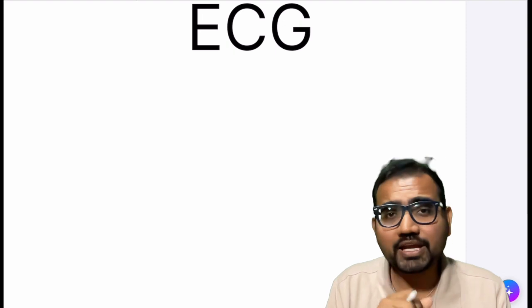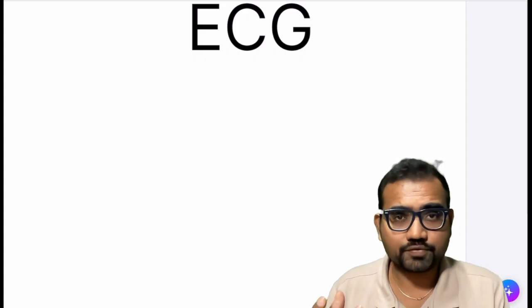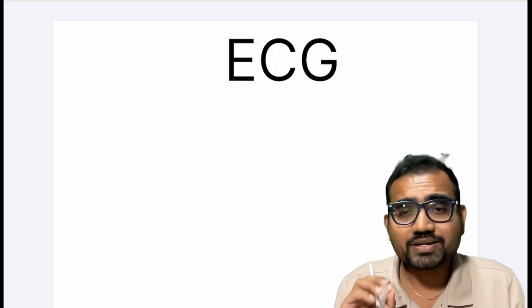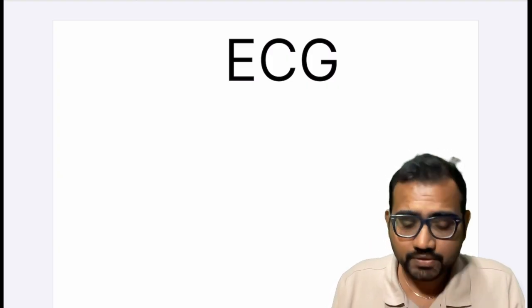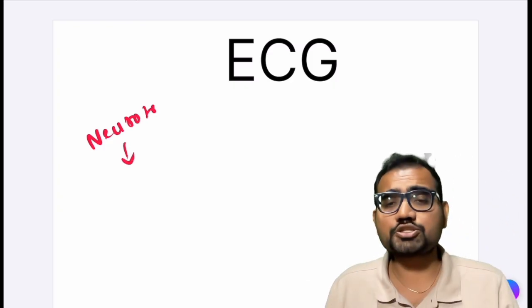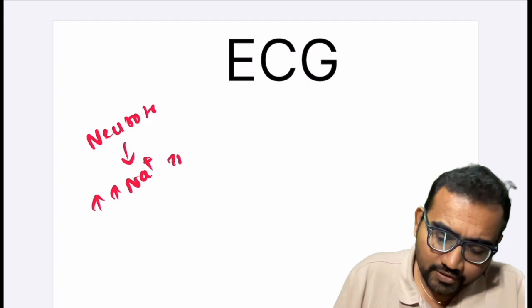Moving on, I'm just recapping the previous videos. We talked about depolarization, repolarization, and action potential. Whenever a neuron receives a neurotransmitter, whenever a neurotransmitter is released, there is going to be stimulation of action potential, so there's going to be increased sodium ion influx.